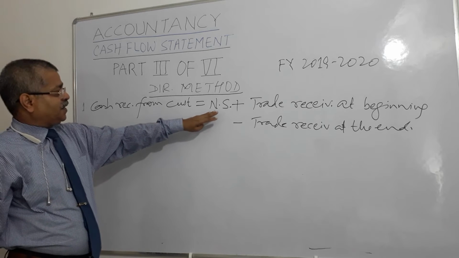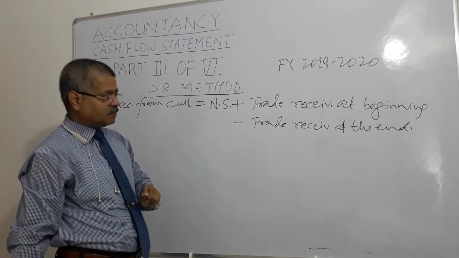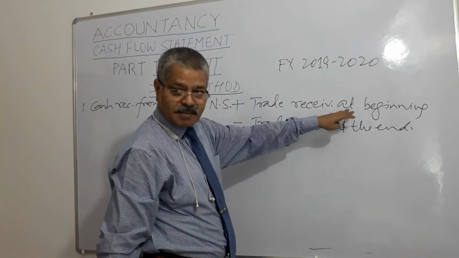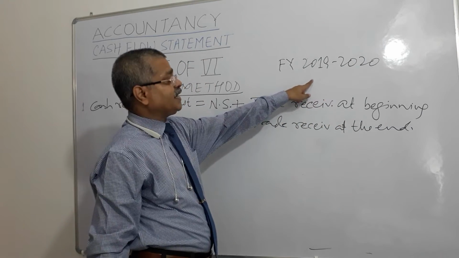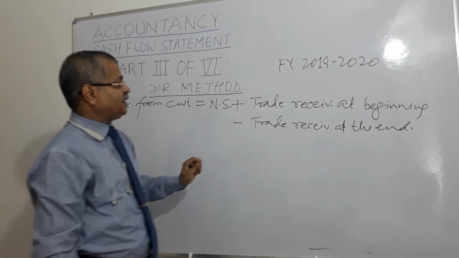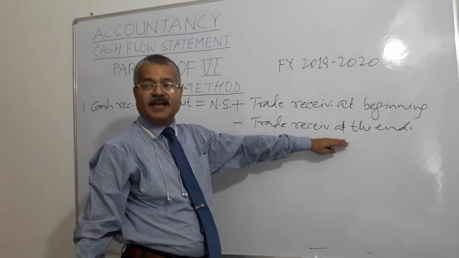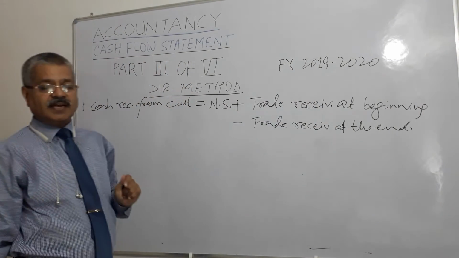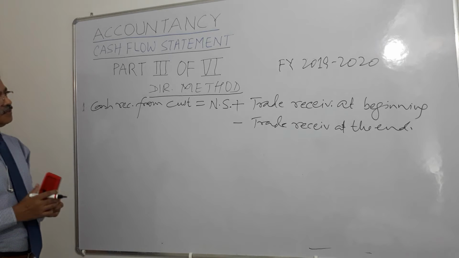So net sales during FY 2019-20 plus trade receivables at the beginning of the year, as on 1st April 2019, minus trade receivables at the end of the year, as on 31st March 2020, right?